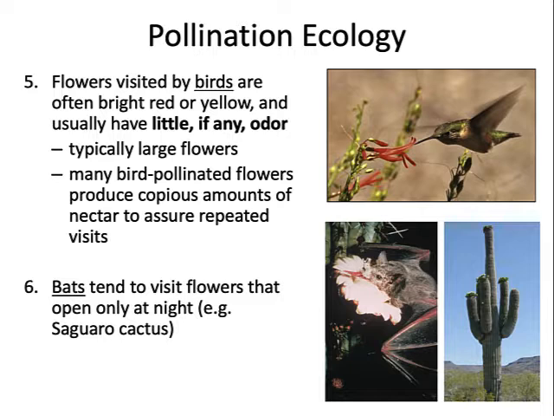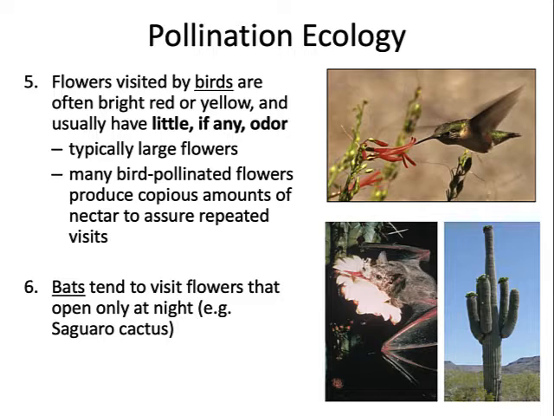Also, the shape of the flower needs to be such that it's going to facilitate the bird's beak as it's trying to get that nectar reward. Also, bird-pollinated flowers have to make tons of nectar because birds can be voracious drinkers of that nectar.